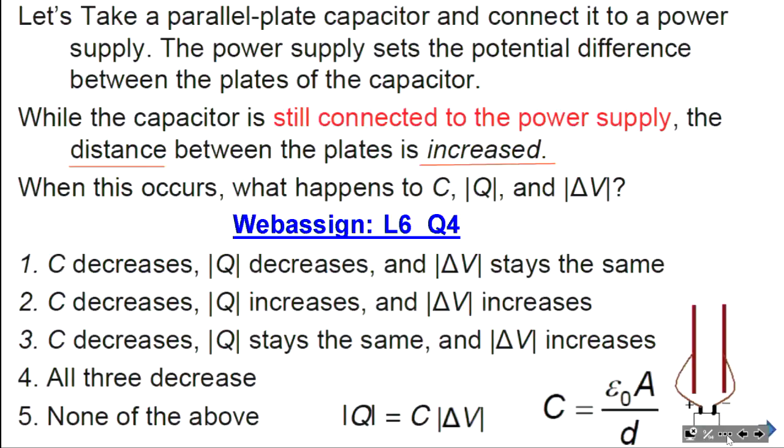In this situation, the capacitor is still connected to the power supply, remains connected. This word remains connected tells us what will not change. Every time we have to search first for what will definitely not change, will be the same.